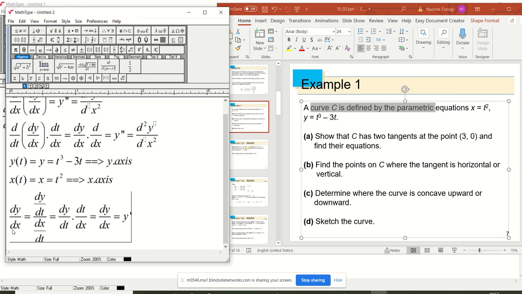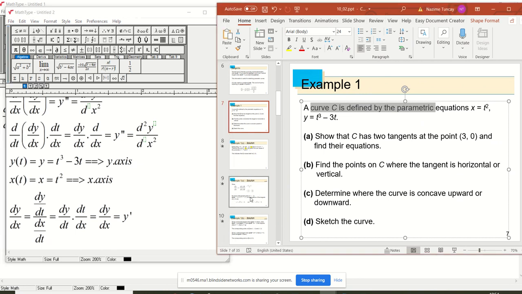So in order to find the slope, we have to find the first derivative, the derivative of y according to x. But here y was in terms of t, x was in terms of t, so we have to apply this rule to reach our conclusion. And the slope is the tangent line here. Okay, so let us continue.